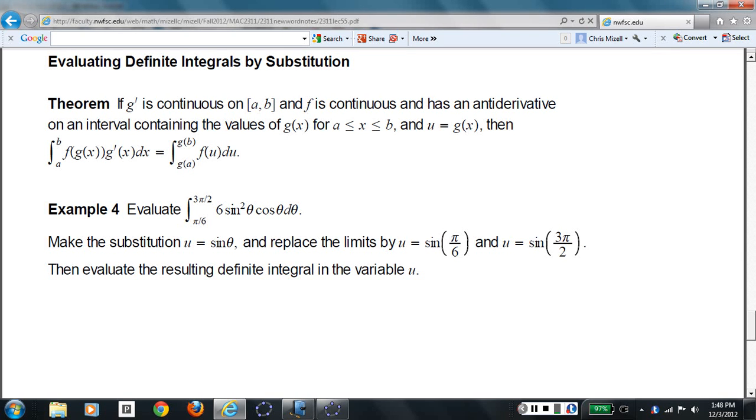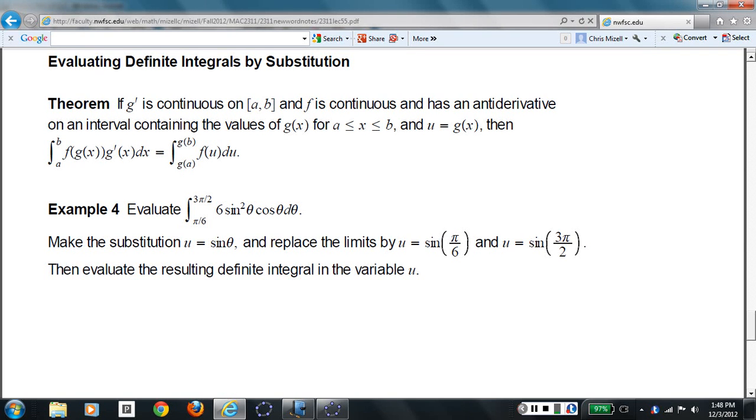If we use a different variable, rather than going to the new variable and coming up with an antiderivative and then going back to the original variable and using the original limits of integration when we plug in those numbers at the end, what we do is we go to a new variable, u, or maybe in this case theta, and then we change the limits of integration based on the new variable.